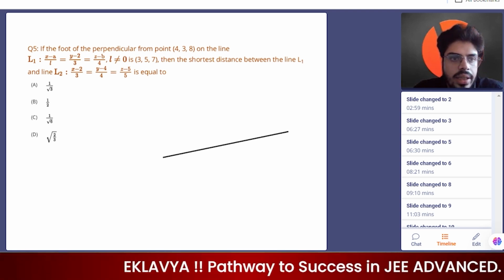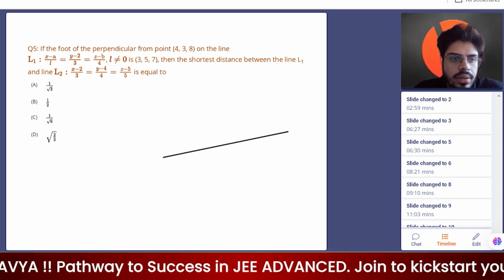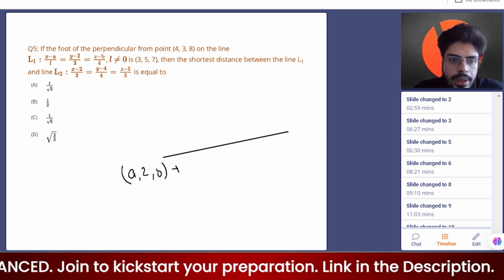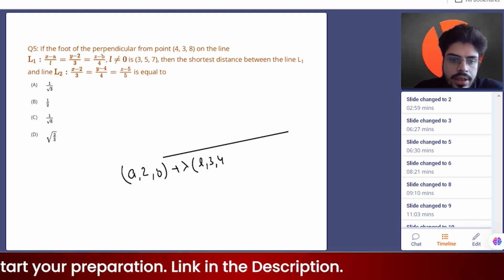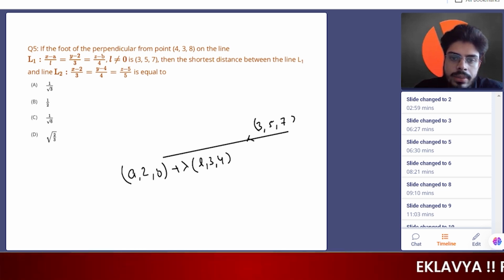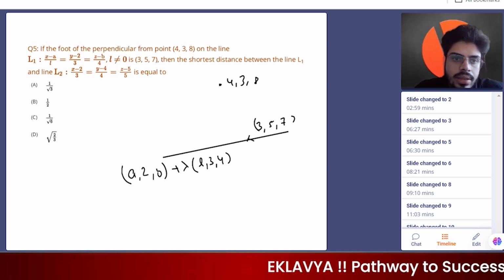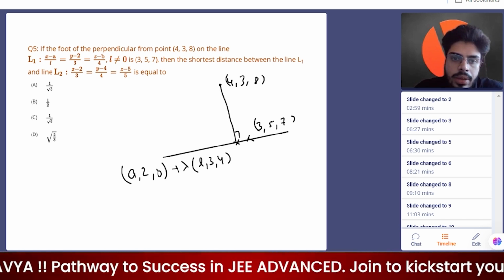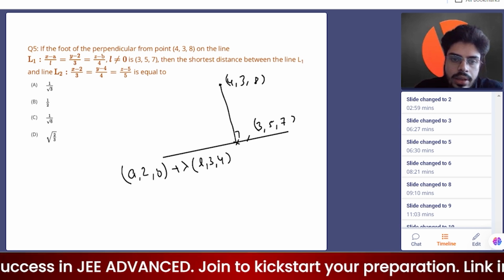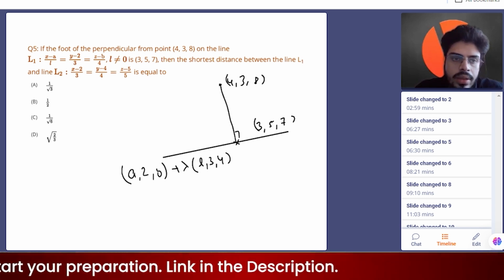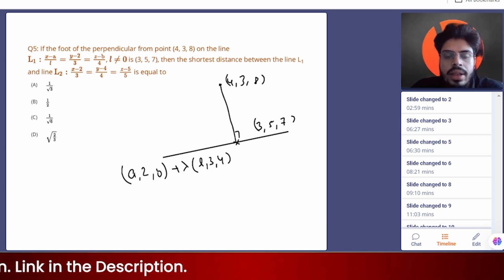The point is A, 2, B, and the direction is lambda times L, 3, 4, and there's a point given, 3, 5, 7, and this is the point 4, 3, 8, and this is the perpendicular. Right, this is the point 3, 5, 7, and this is the perpendicular.